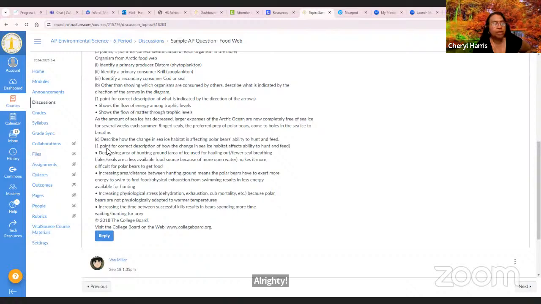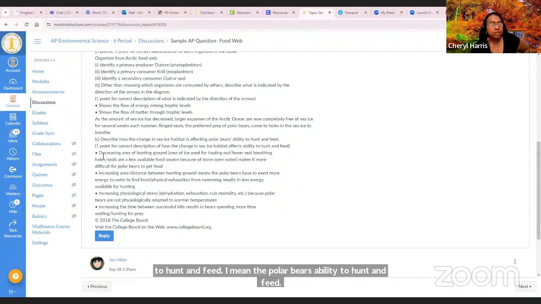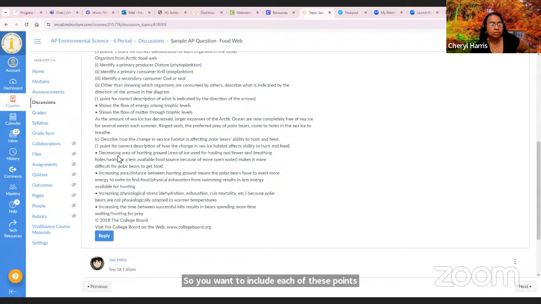All right, so now you're getting 1 point for each description of the sea ice habitat, how it affects the ability for the polar bear to hunt and feed. So you want to include each of these points.